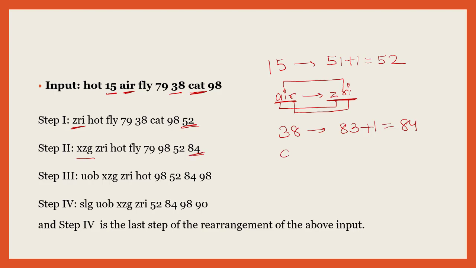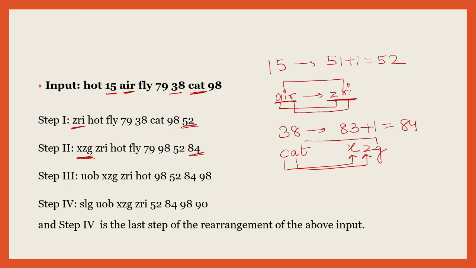As far as cat is concerned, the opposite letter of C is X, A is Z, and T is G. If you can recall, A to Z, Christmas, and GT Road, the opposite letter mnemonic codes that we have learned in the coding decoding. So we can see XZG coming in here.